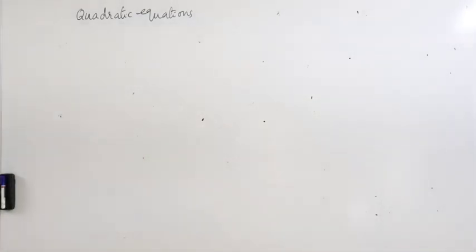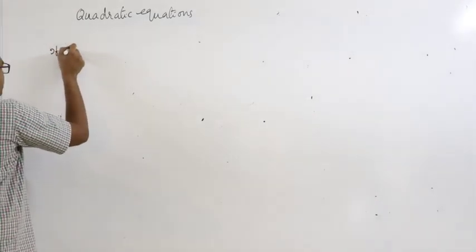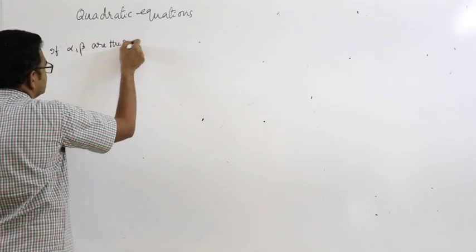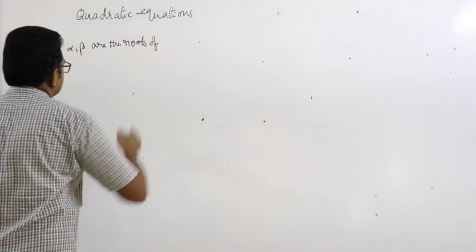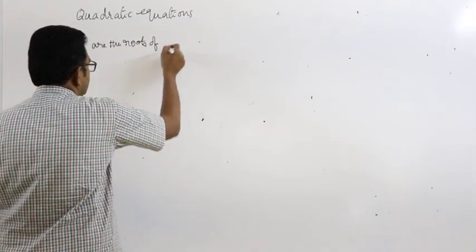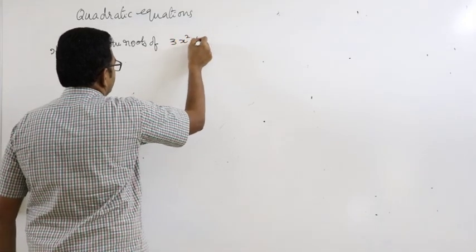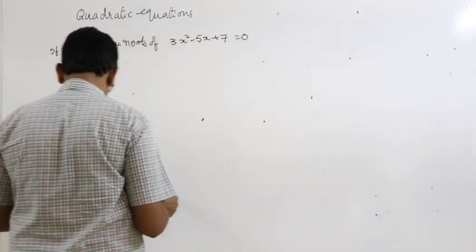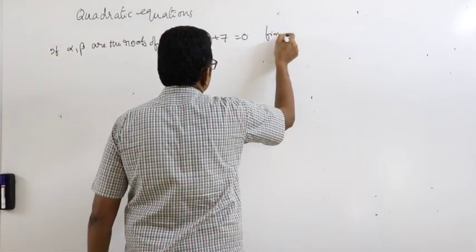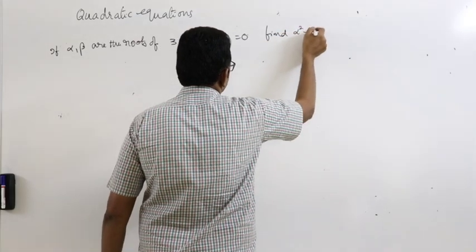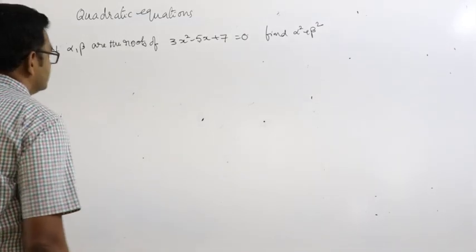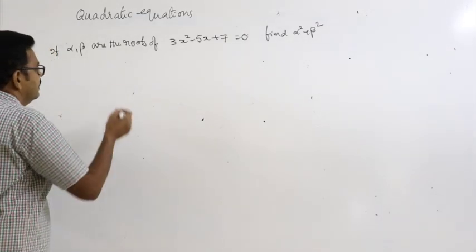Try the next problem. If alpha, beta are the roots of 3x square minus 5x plus 7 equal to 0, then find alpha square plus beta square.